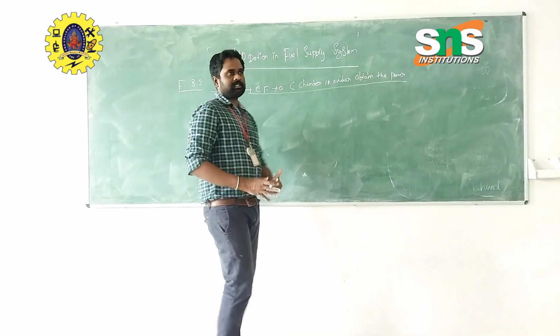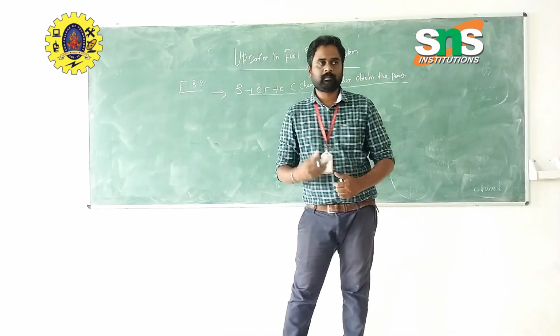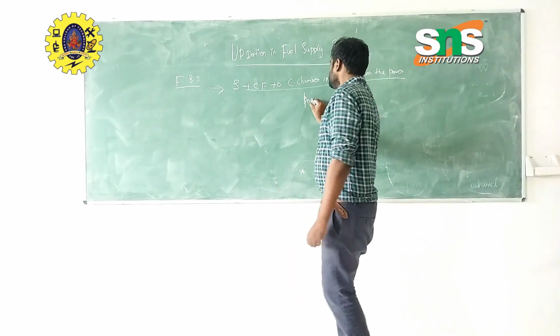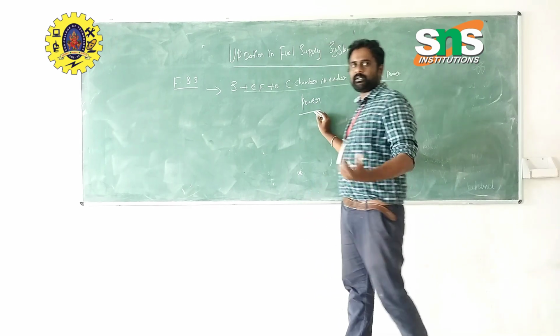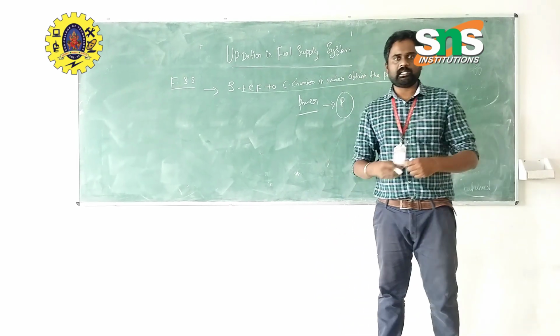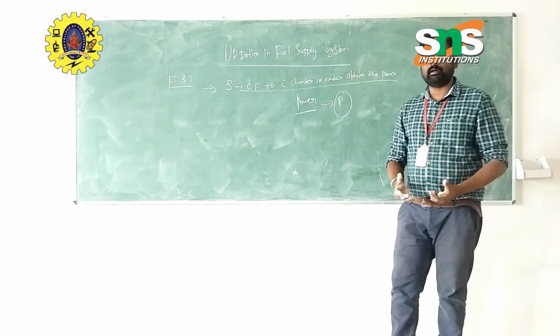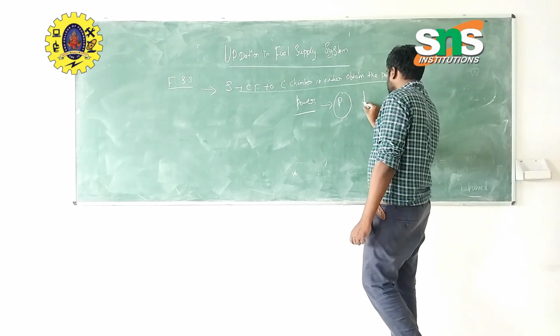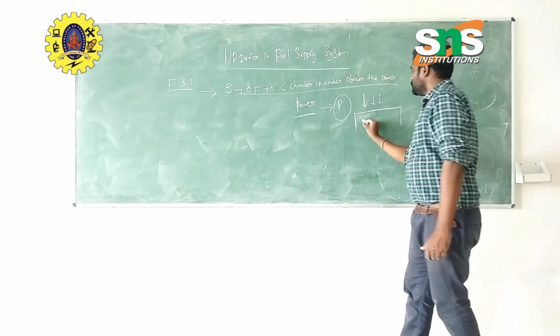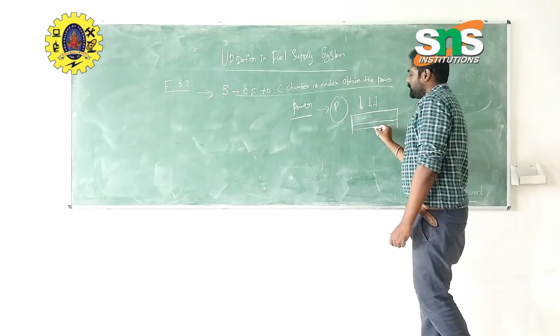Why do we need to produce this power? Because at the time of expansion, that is at the power stroke, the fuel burns suddenly and a large amount of pressure is created on the cylinder, on the piston head.